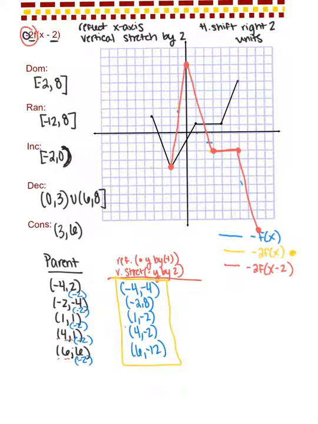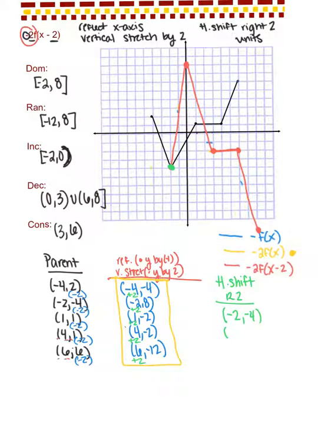All right. So now, with this horizontal shift to the right 2 units, that's where I'm going to be adding 2 to these x values. And that'll get me my final graph. So I'll end up with -2, -4, this point up here.